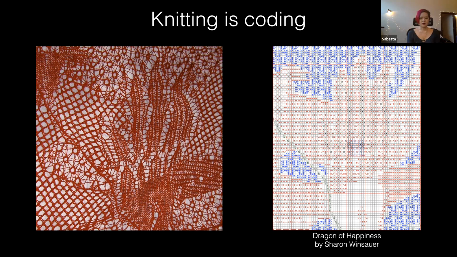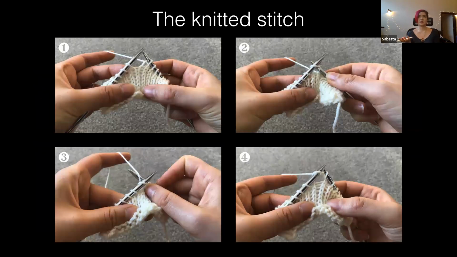So I'm going to start off by talking about what those words can be, what letters, what words, and we'll start off with the canonical knitting example. This is like the identity element almost, what's called the knit stitch.